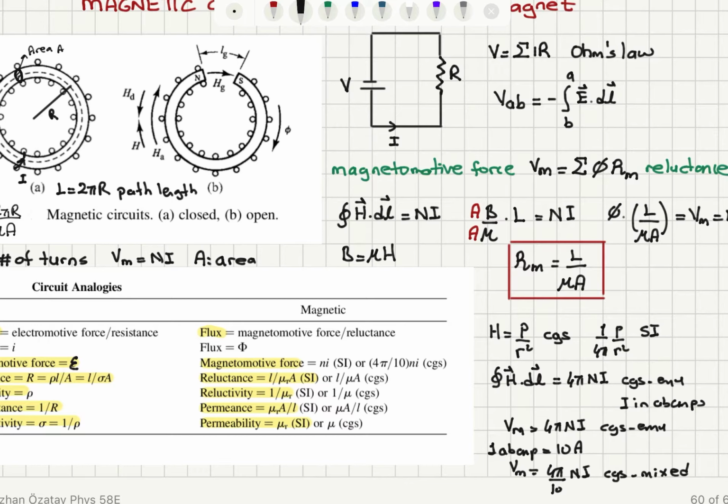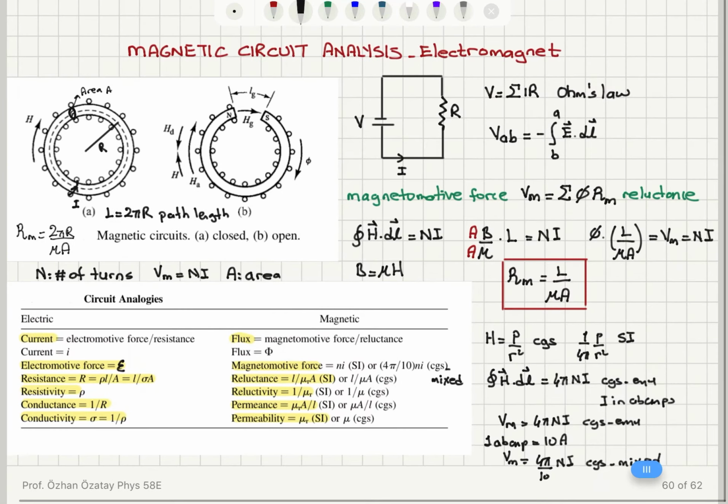If you put in 10 amps, you would also get 4 pi Ni for the magnetomotive force. So that's one way to check it. Here it's actually CGS mixed units, because the current is given in amps. As you can see, we have to be very careful about units in making these conversions.